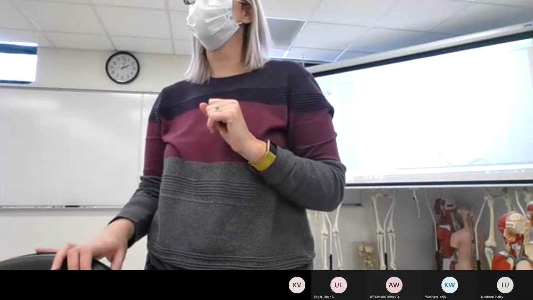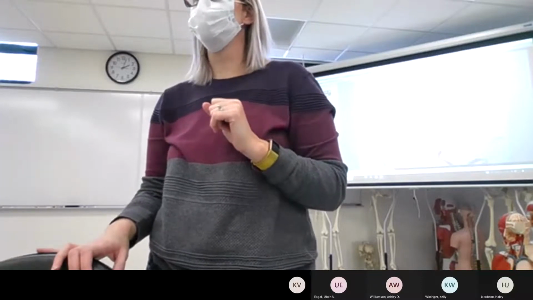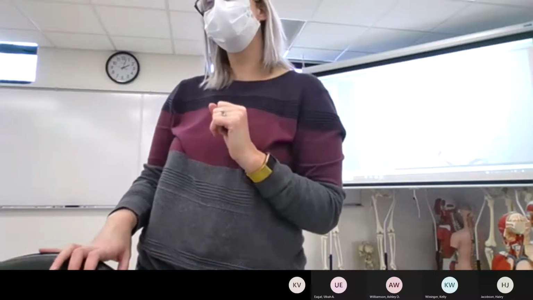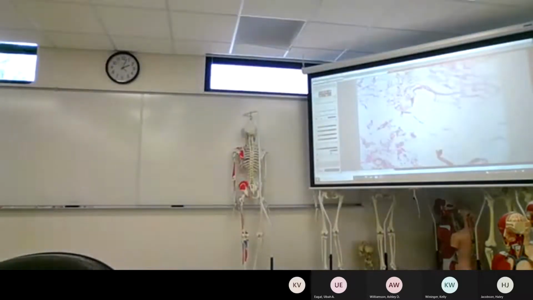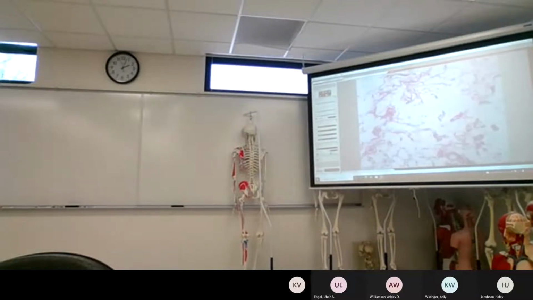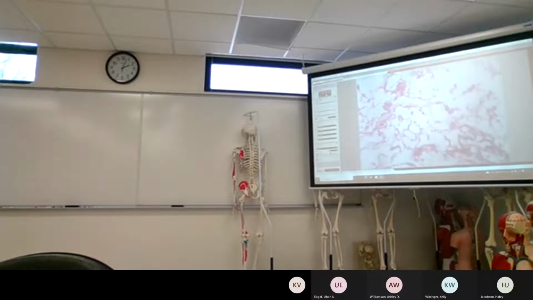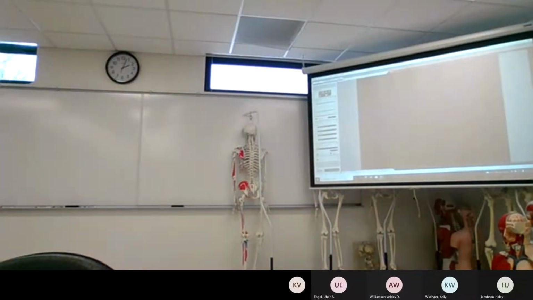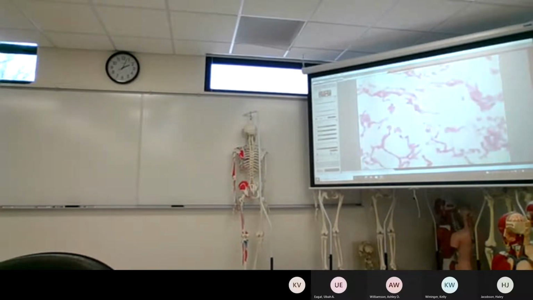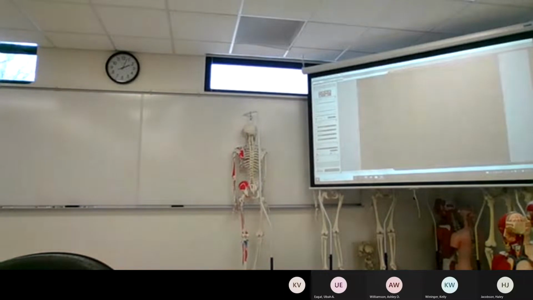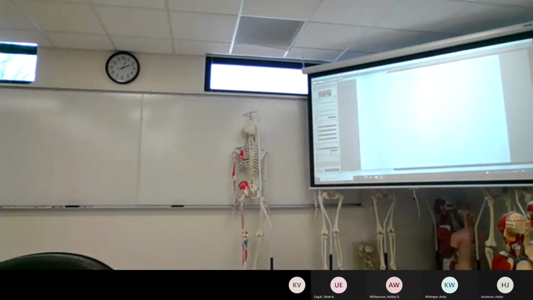You're looking for slide 1 or slide 2, and they're probably out of order because they're a hot mess in there. If you're looking at slide 1, it should give you this kind of open space image. Go to your low power and try to find that space where there's openness, then go to your high power, the 40x.